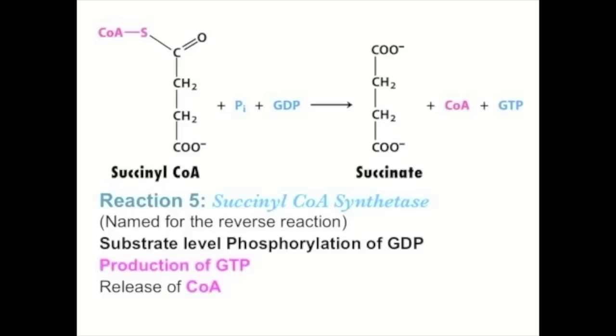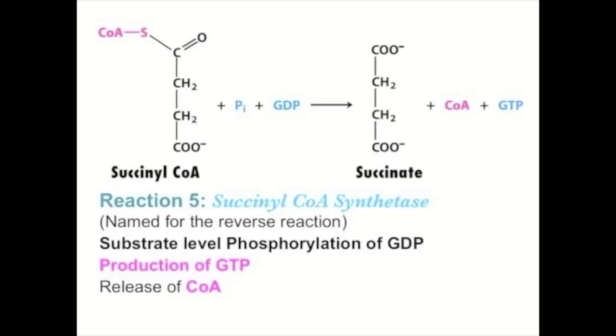This is a substrate-level phosphorylation of GDP to yield GTP, and in the process, coenzyme A is released. The enzyme that catalyzes this reaction is succinyl-CoA synthetase. Synthetases are enzymes that require a nucleotide triphosphate, in this case GTP.